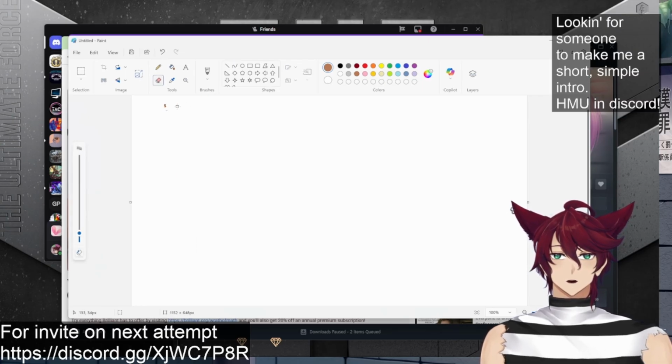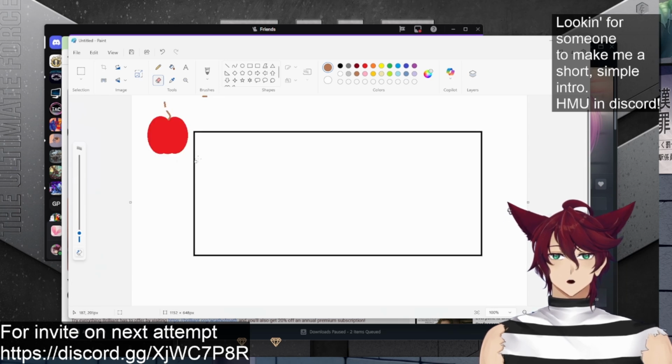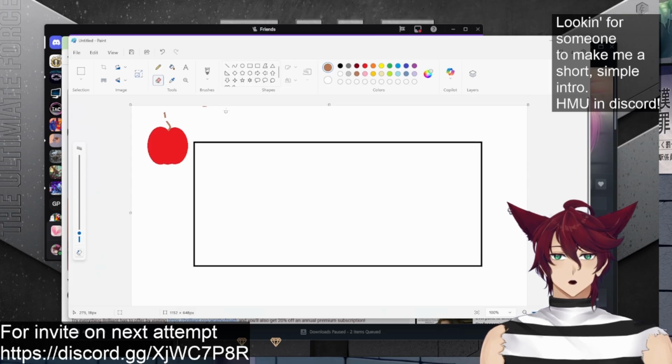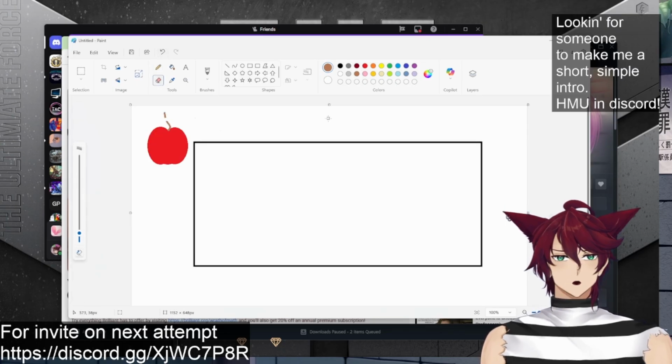Erase this. I don't know what happened. What's happening? What the heck is wrong with this eraser, dude? What is going on here? Okay, I could draw. What the heck?